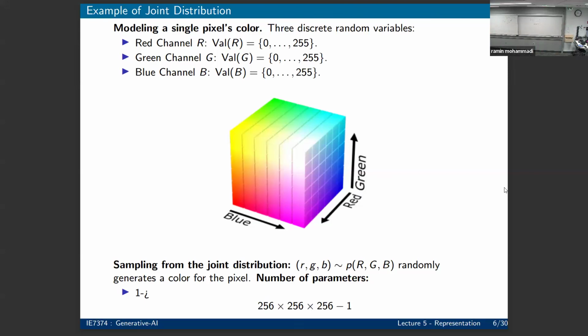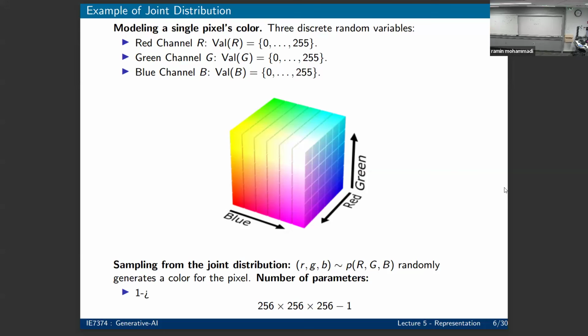Think about it: each pixel could have any value from 0 to 255 on the red side, 0 to 255 on the blue side, and 0 to 255 on the green side. So you have all these combinations of values that could come here, and for this joint probability distribution you end up with this many parameters. Why minus 1?